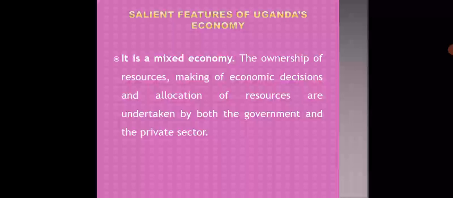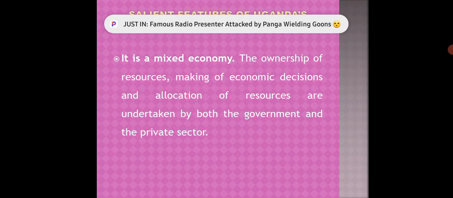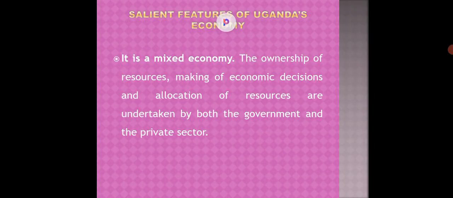So you find that there are some resources that are owned by the private sector, and then the others are owned by the government. And even when you talk of the decisions, there are decisions that are made by the private sector, and the others are made by the government sector.